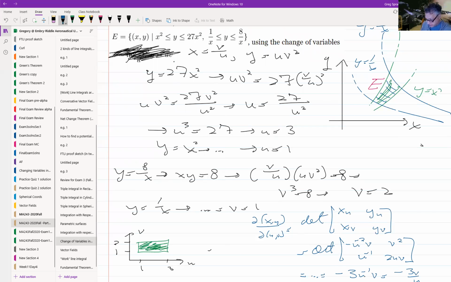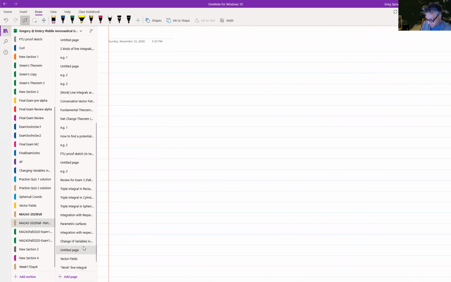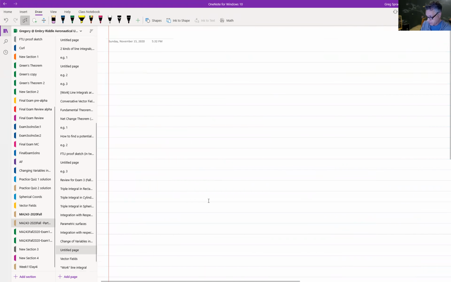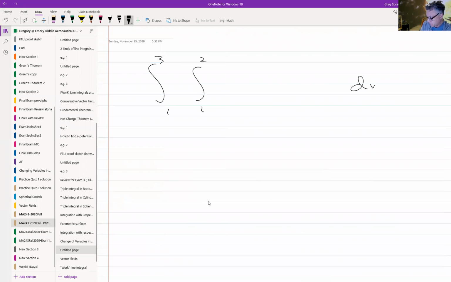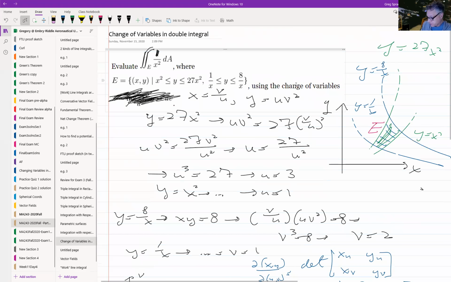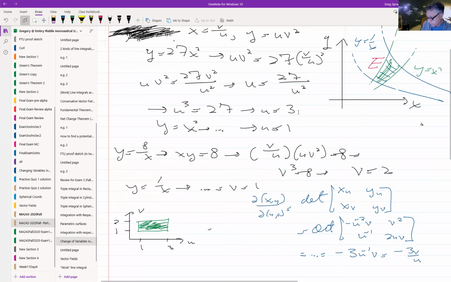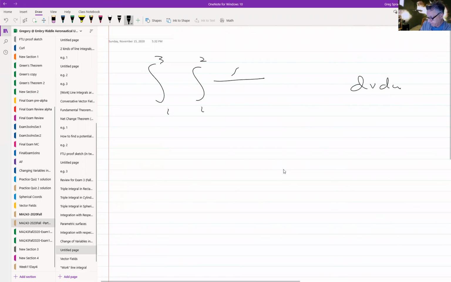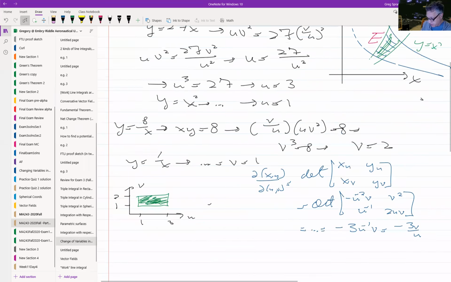Now I'm ready to write down the double integral. U goes from 1 to 3, v goes from 1 to 2. Integrand is 1 over x squared. That's 1 over v over u squared. I have to multiply by the absolute value of the Jacobian.